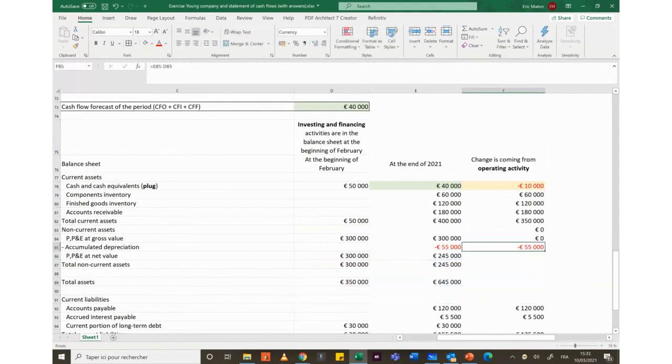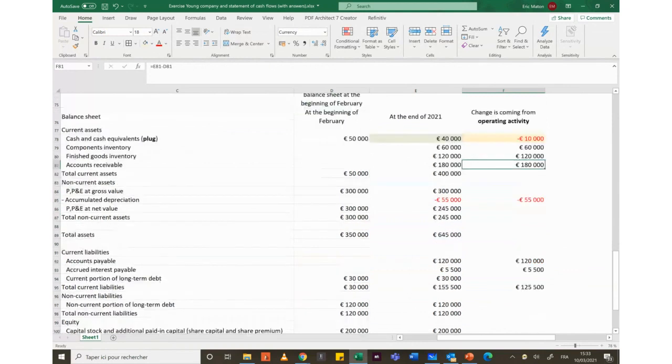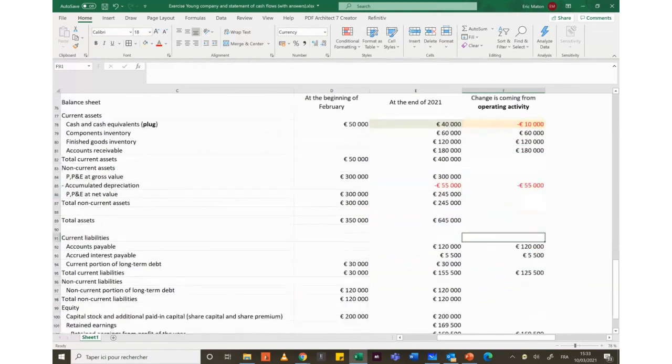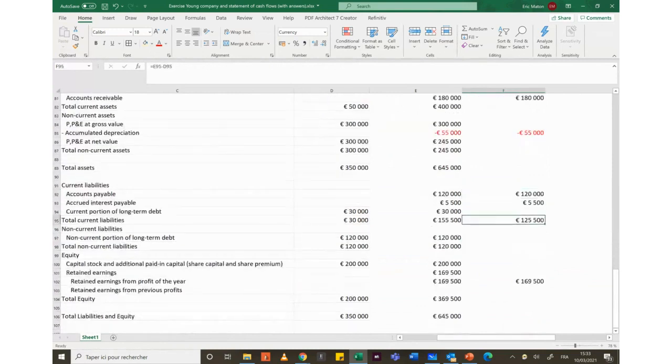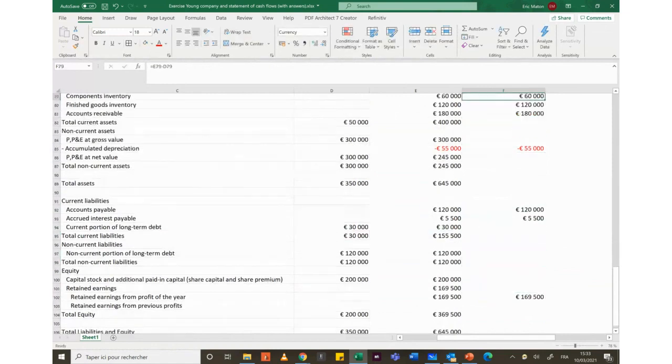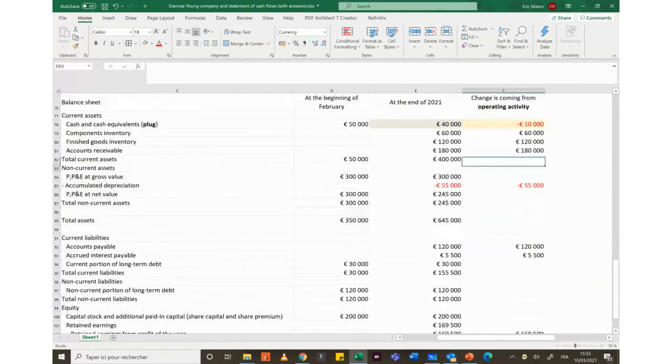You take into account the increase in component inventory, increase in finished inventory, increase in accounts receivable. We have also the change in accrued interest payable and accounts payable. And that's it. So all this information is used in the operating cash flow with indirect method.